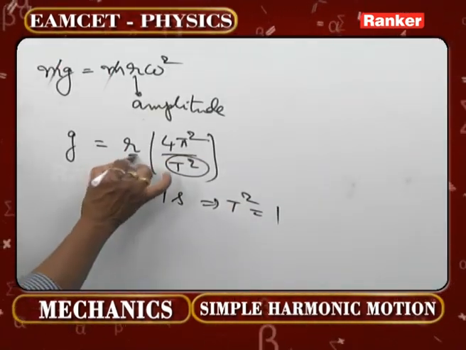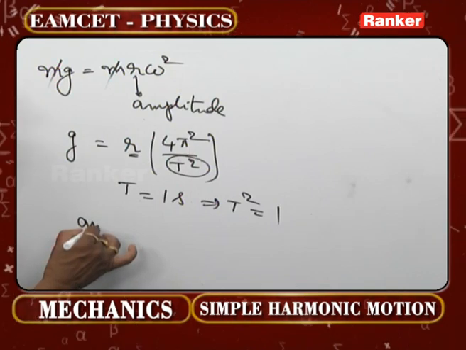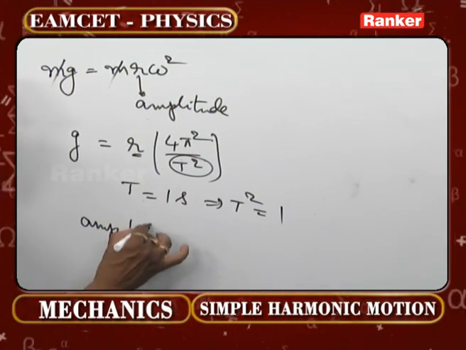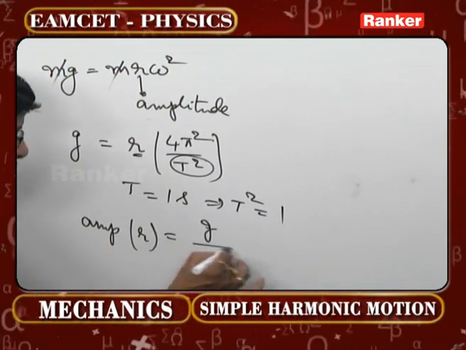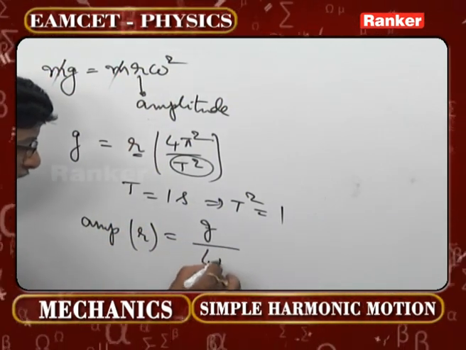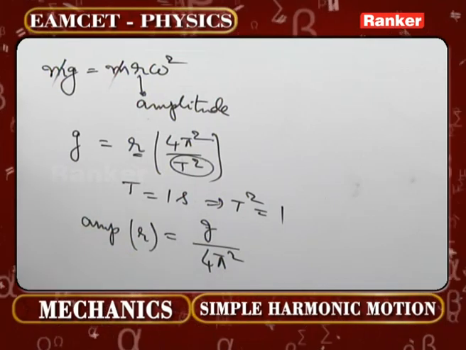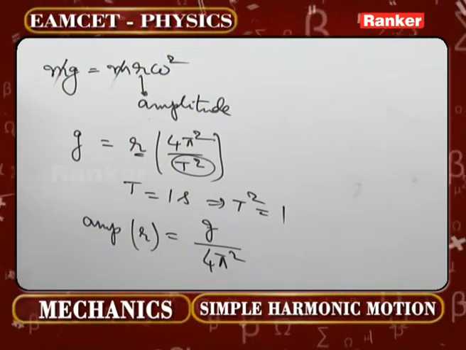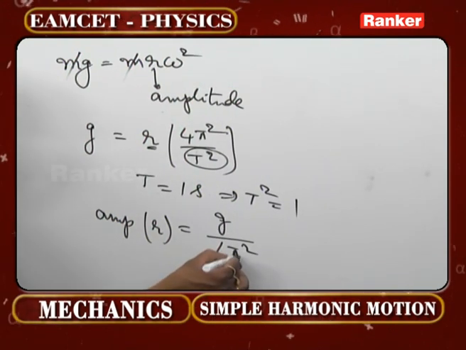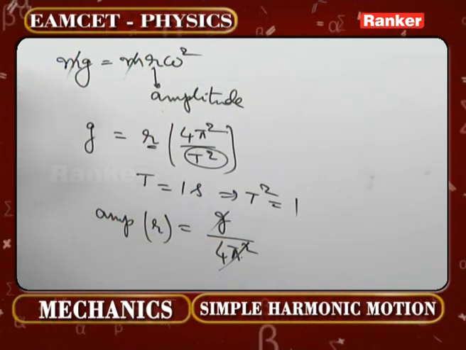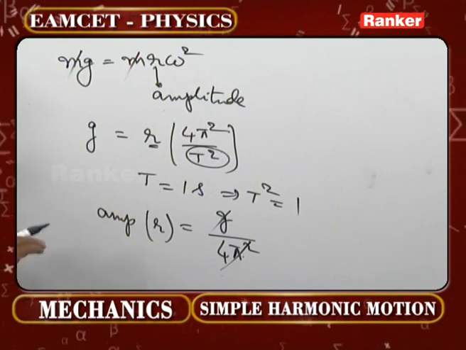Now what is the question that is asked? What is amplitude? The amplitude in this formula is represented by r. I can write that as g by 4 pi square, with 4 pi square in the denominator and g in the numerator. But of course it is given very clearly in the problem that pi square and g are numerically equal, as far as the values are concerned.